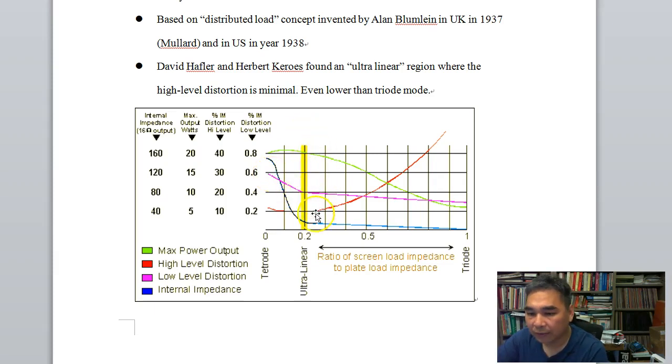They gave this special region a name: the ultralinear region, the ultralinear operation.